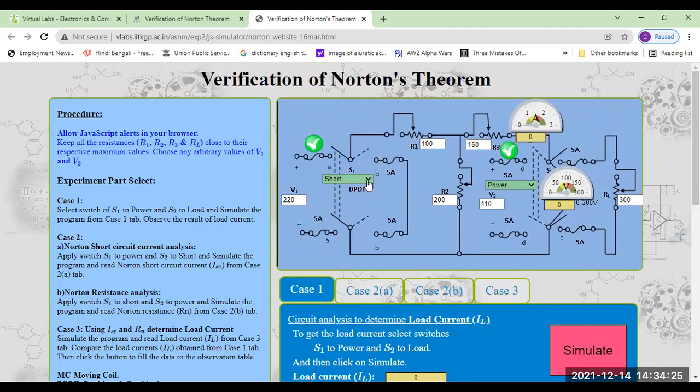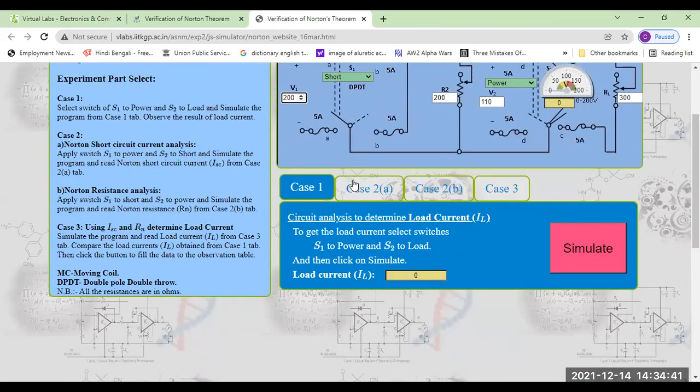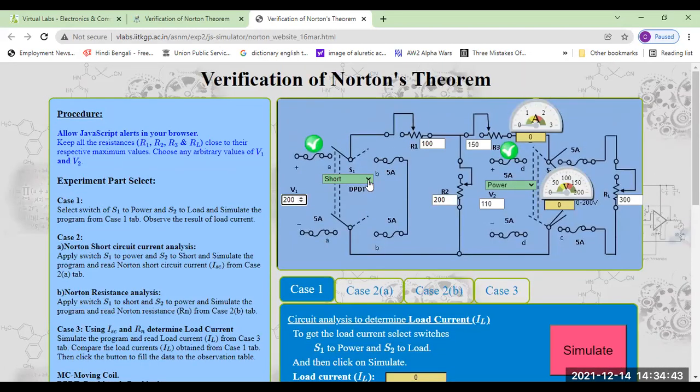Say we can change this. We are applying 200 volt. Okay, this is 200 volt, and this first time we change this. Look, in this case 1, what we have to do, this should be power and this should be load, because current is flowing through this area and we have to measure the current.